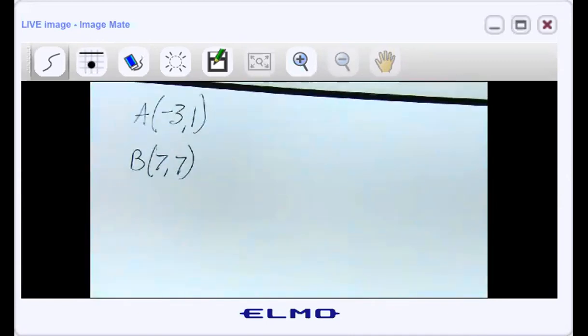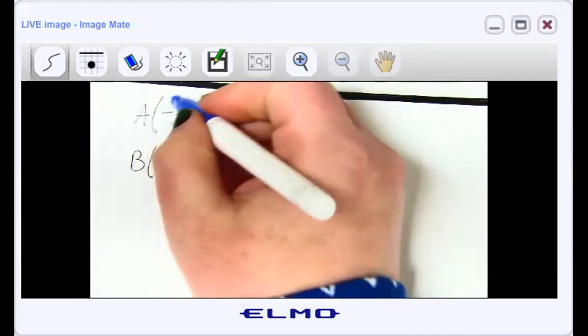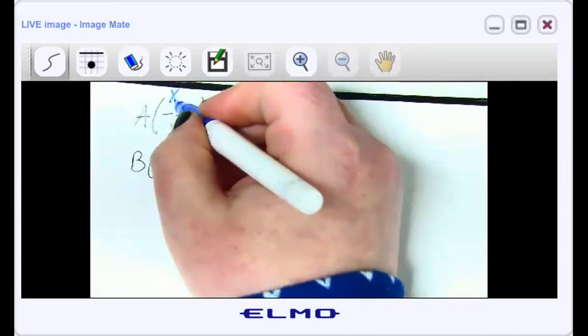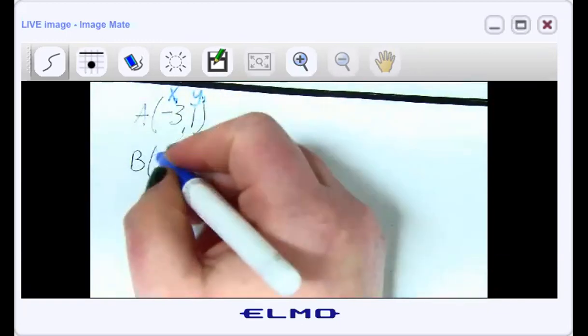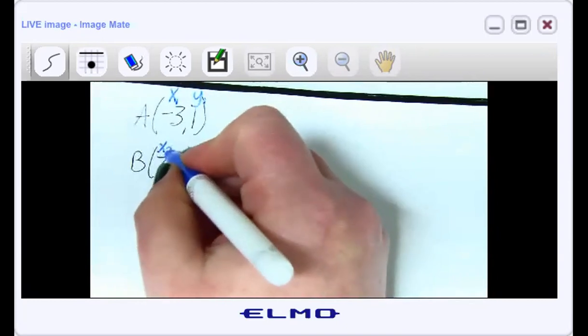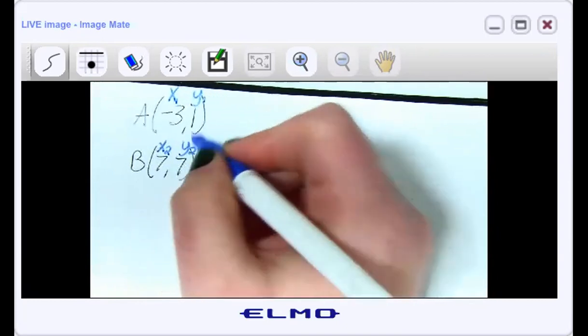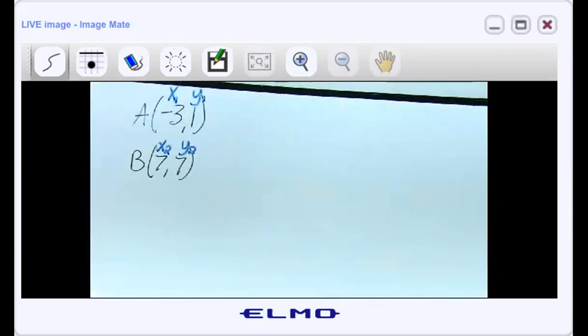All right, perfect. So I personally like to say, okay, this is the x coordinate of my first point. This is the y coordinate of my first point. And this is the x coordinate of my second point and the y coordinate of my second point. So now I know exactly who's who, and I don't have to think about it later.